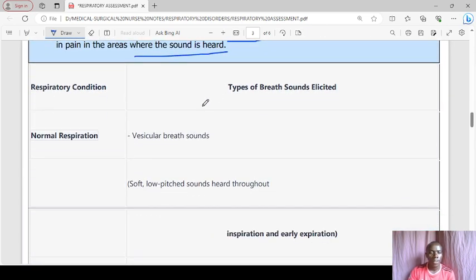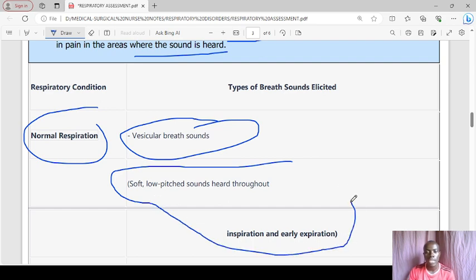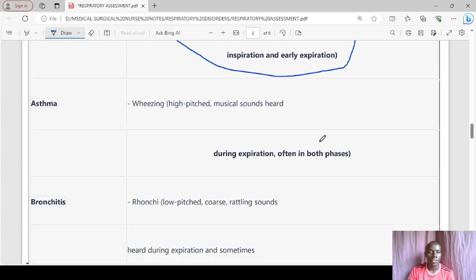So we have some of the commonest conditions and the type of breath sounds that is elicited. For normal breath sounds, you're going to have the vesicular breath sounds that are soft, low-pitched sounds heard throughout the inspiration and early expiration.